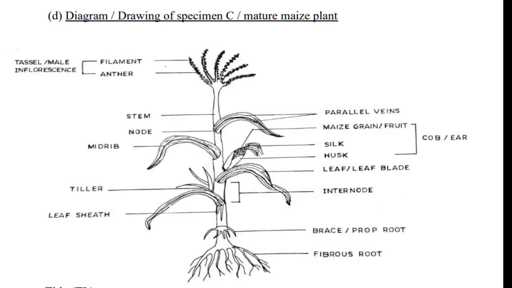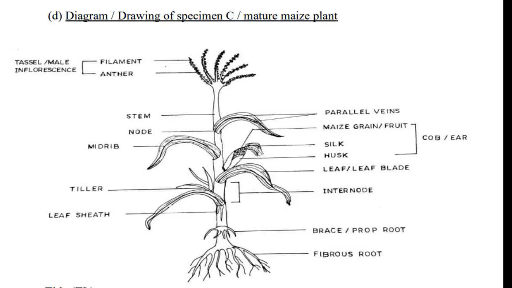So it's just advisable to write a diagram of specimen C. That will keep you on a safer side than guessing what the actual specimen is. If you know, fine, you can write it, but it's not advisable to write the actual name of a specimen in your title. Okay.